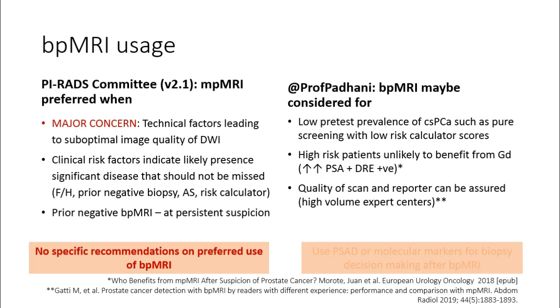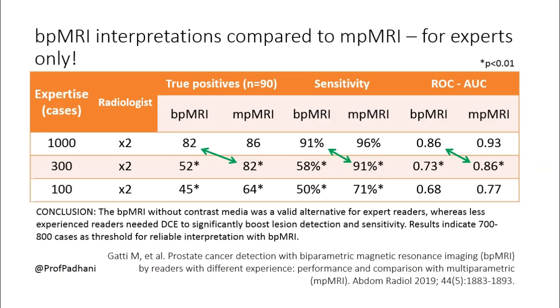So the recommendation is only do biparametric MRI at high volume centers. Here's some data that was recently published showing how much expertise you needed for a biparametric MRI compared to a multiparametric MRI. So for example, if you wanted to pick up all the true positives that were there, in a biparametric MRI, you would have to perform 1,000 cases.